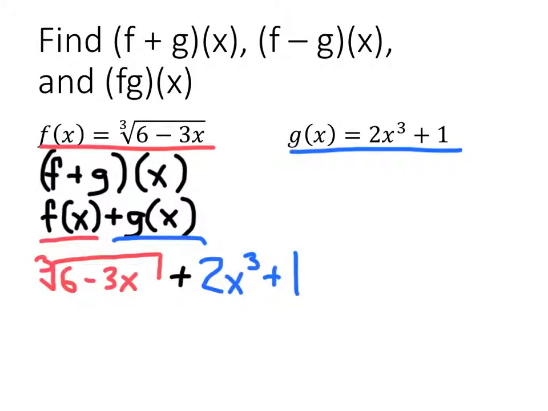Like we did before, we'll rewrite it, we'll make the substitutions, and a really important thing: that cube root symbol around the 6 minus 3x is like a big parentheses. You'll also learn later in the year that it's kind of like an exponent. Therefore, we are done.